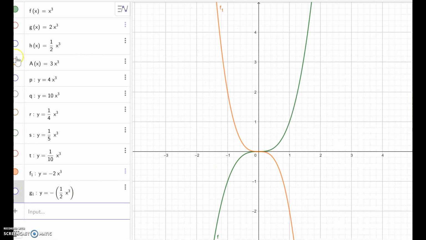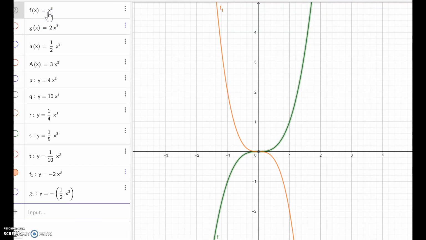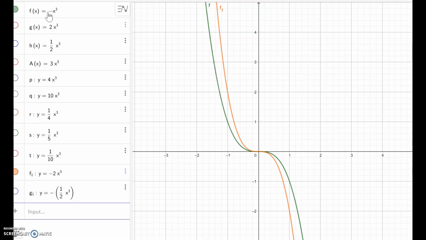So I also write the given function as minus x cubed so that we can compare better. So negative x cubed and then negative 2x cubed. This one is much narrower and closer to the y-axis.